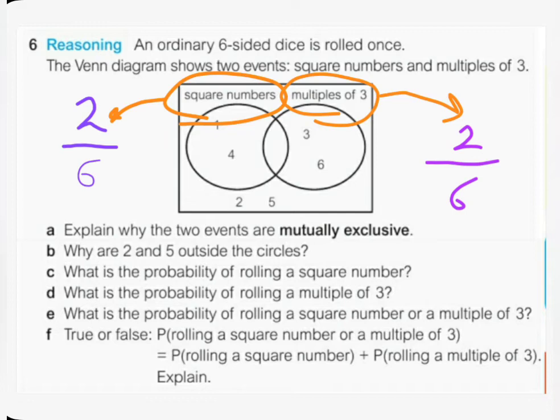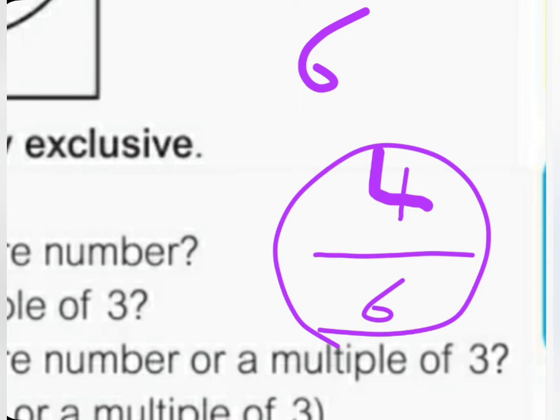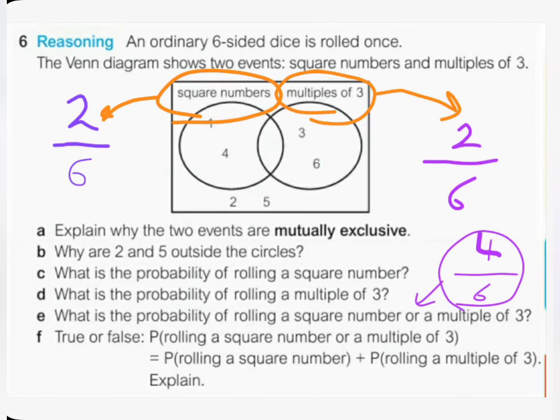So we have 2 square numbers, and we have 2 multiples of 3. So the probability of rolling square numbers or multiples of 3 is what? Very good. It's 4 out of 6. We write it here. 4 out of 6.